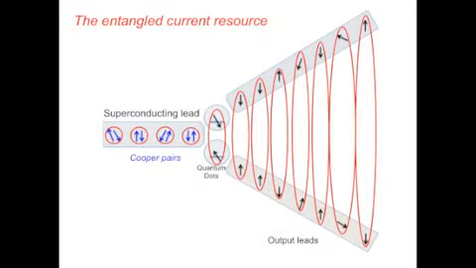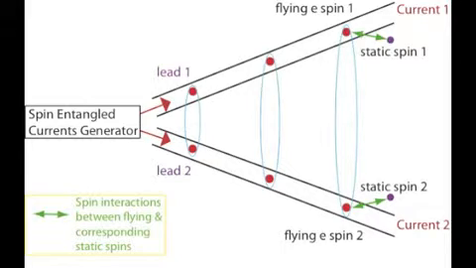Interestingly, a passive source of maximally entangled electron spin pairs of the kind that we would require has been demonstrated by two recent experiments. In our scheme, we position a static spin close to each current-carrying lead, at arbitrary distance downstream of the source.